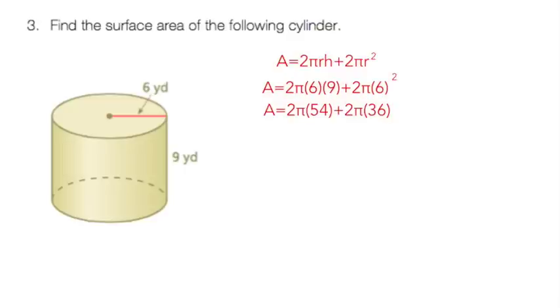And when we do that, I'm going to multiply 6 times 9 together to get 54. I'm going to square 6 to get 36. And as I simplify down, I get 565.5 yards squared as my surface area for the cylinder.